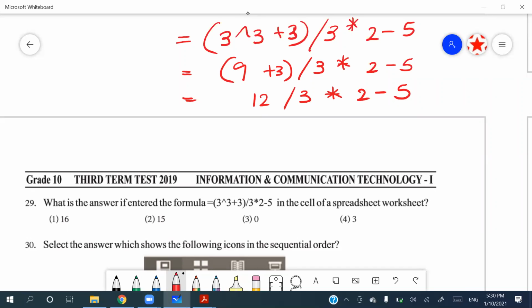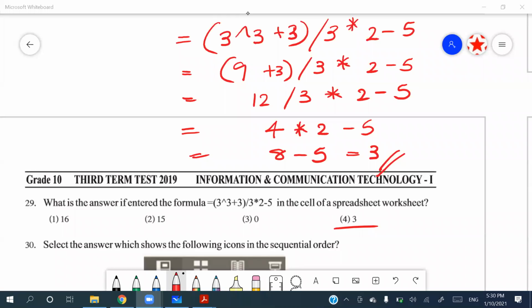So when they are same, the leftmost one will be given the priority. So 12 divided by 3 happens first, 4, then into 2 minus 5 will be there. So 4 into 2 is 8. 8 minus 5 is going to be 3 as the answer. So fourth one is going to be the answer. Yeah, the answer is 4.